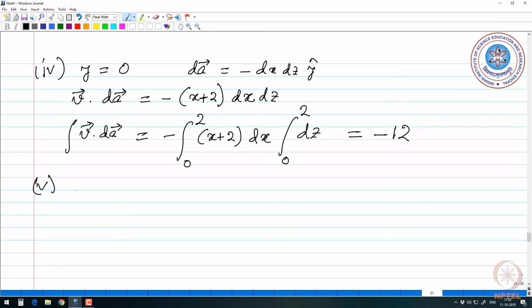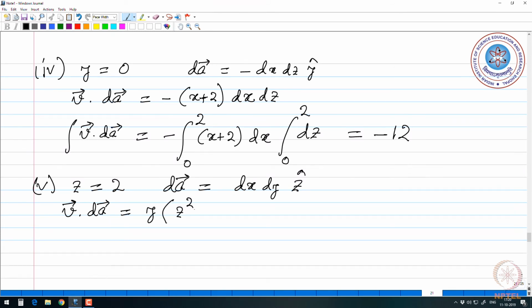On surface 5, we will have z equals 2. So dA becomes dx dy z cap, and v dot dA equals y times (z square minus 3) dx dy, which equals y dx dy, because z being 2, z square is 4 and z square minus 3 becomes 1.